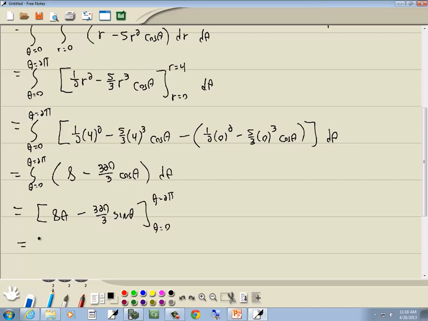Well, if we plug these in now, I'll have 8 times 2 pi minus 320 over 3 sine of 2 pi, minus, then I'll put 0 in for theta. So we've got 8 times 0 minus 320 over 3 sine of 0. Well, 8 times 0 is 0, that drops away. Sine of 0 is 0, so that drops away. Sine of 2 pi is 0, so that part drops away. 8 times 2 gives us 16 pi for our answer.